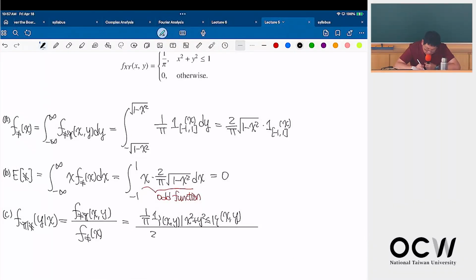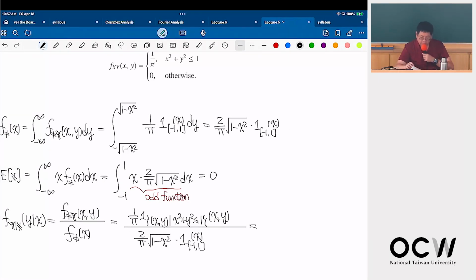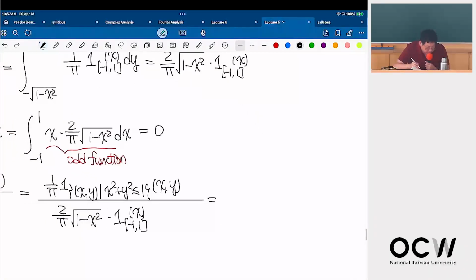And the 2 over pi, so overall, that's 1 over 2 times square root of 1 minus x squared.